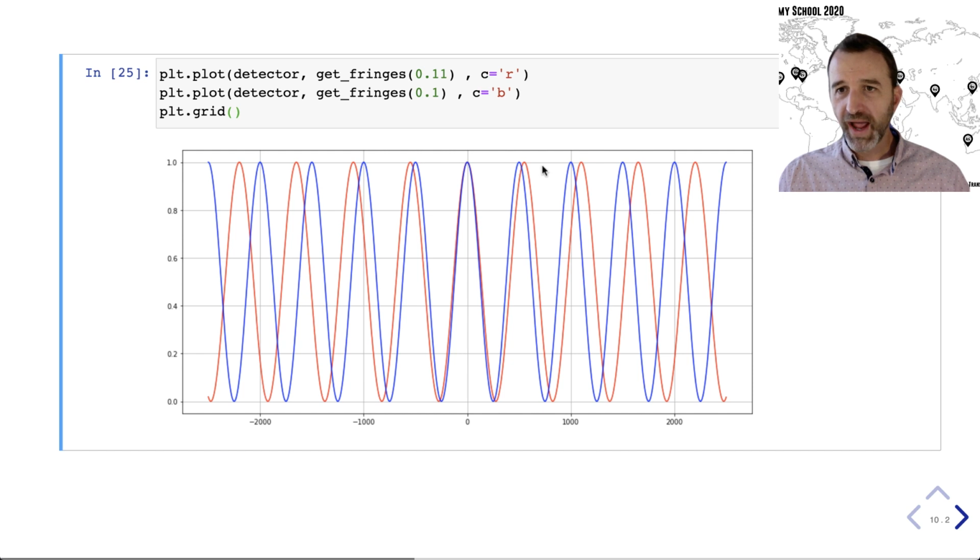But as we move away, we get these little bright spots at different orders, but at different places for different wavelengths. The red, that's our longer wavelength, you have to have a greater angle away from the center line to make a bright spot at each order. The blue one needs a smaller angle. So what we start getting here is dispersion. The light is dispersing as a function of wavelength. And this is the key behind spectrographs.